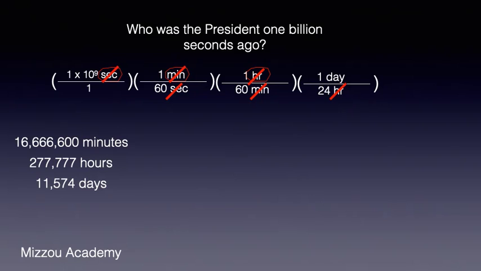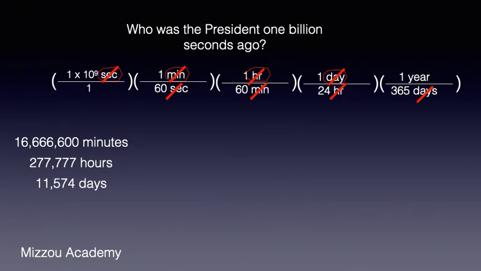One more step. Let's convert from days into years. So we put in one more conversion factor. Again, days is the unit here that I need to cancel out, so days has to be on the bottom, and my last conversion factor, I know that 365 days is the same thing as 1 year. Once again, the unit days is now canceled out.